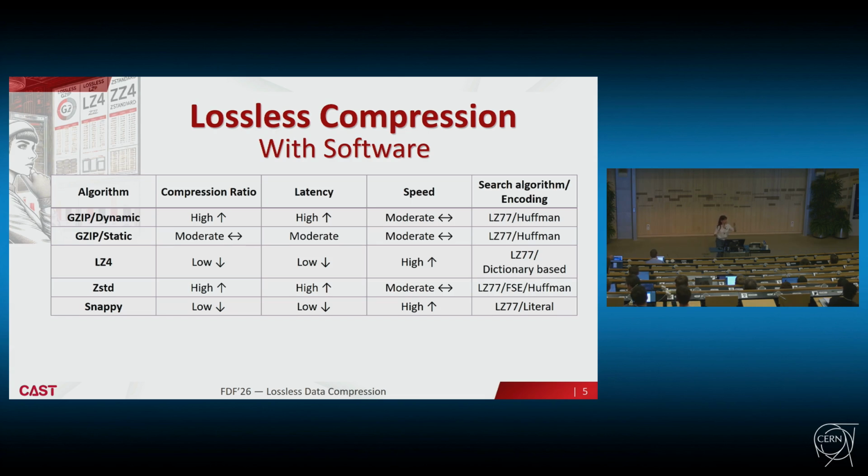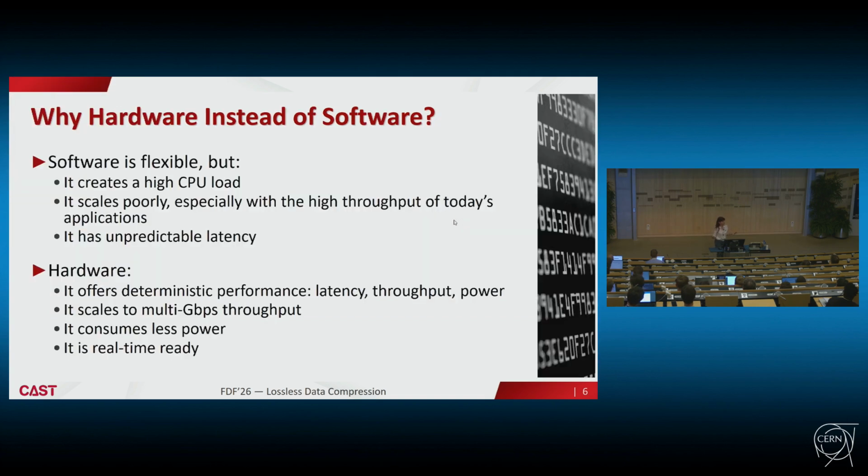GZIP, that has two flavors with dynamic Huffman tables and static Huffman tables, can have a high or a moderate compression ratio, a high or moderate latency, and a moderate speed. LZ4 and Snappy have a lower compression ratio, low latency, and high speed on software, while Zstandard has a high compression ratio, high latency, and moderate speed. Okay. This is what happens in software.